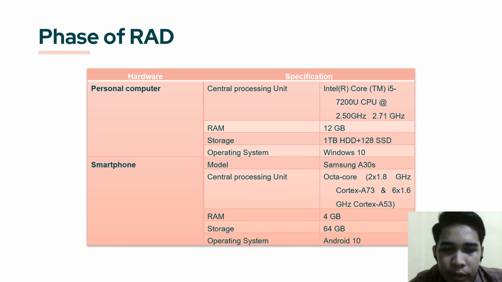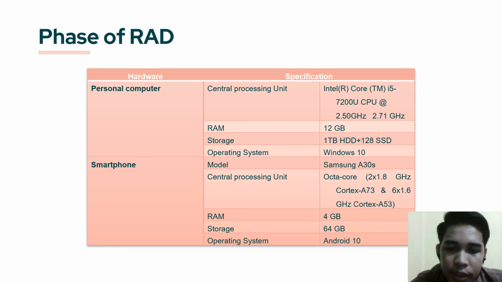And then the smartphone. The function of the smartphone is to run the project on the smartphone if I don't want to use the emulator built into Android Studio. The model of smartphone I use is the Samsung A30s, and the processing unit or CPU is octa-core, 2 times 1.8 GHz Cortex-A73, with 4 GB of RAM.